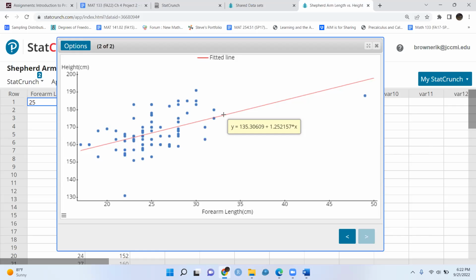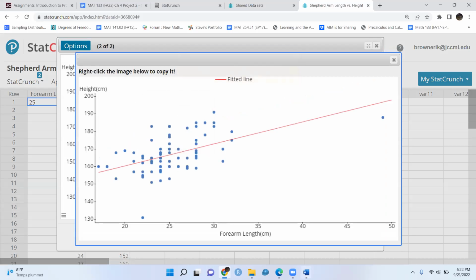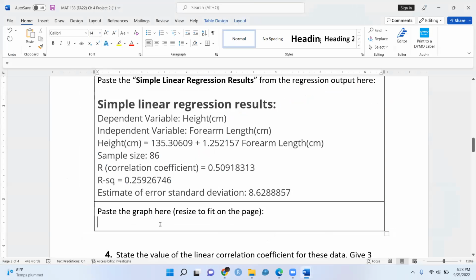Not linear. Let's not call it linear. I think line of best fit works.